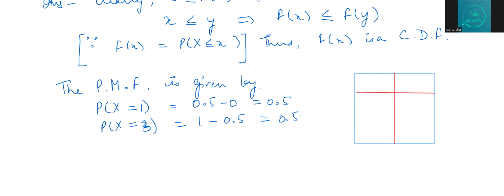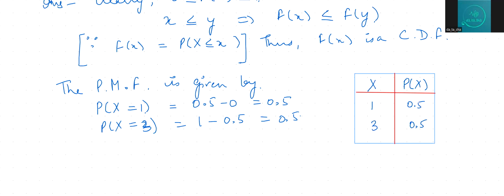So this is how it would look: X and P of X. When X is equal to 1, it is 0.5. When X is equal to 3, it is 0.5. So this is your probability distribution table.